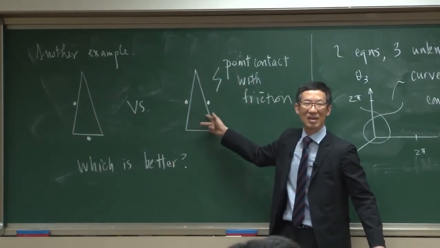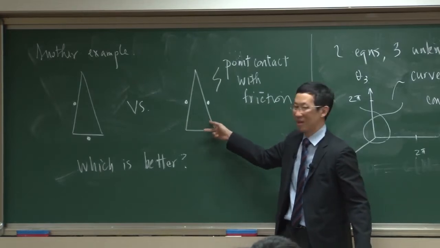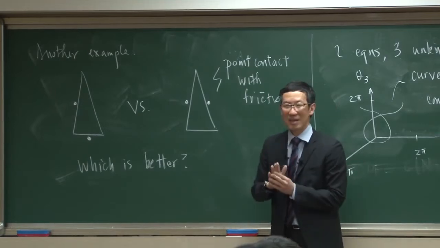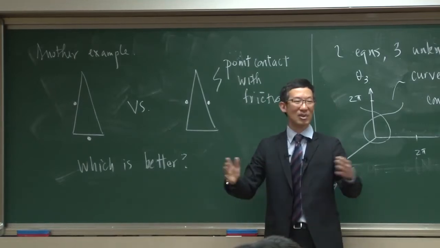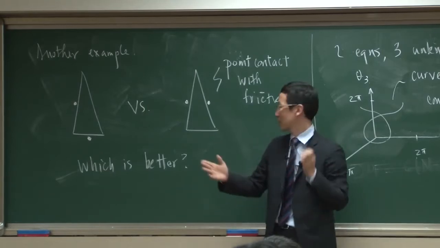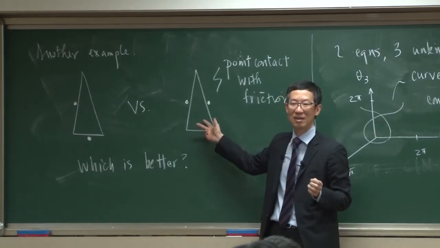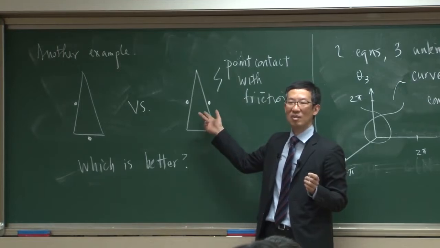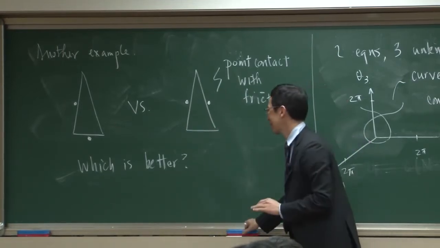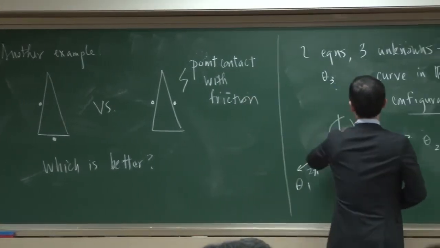This time we seem to have a larger majority here. Well, democracy works. We have to go with the majority. So, in fact, this is better. And we'll see why this is better next class, not this class.